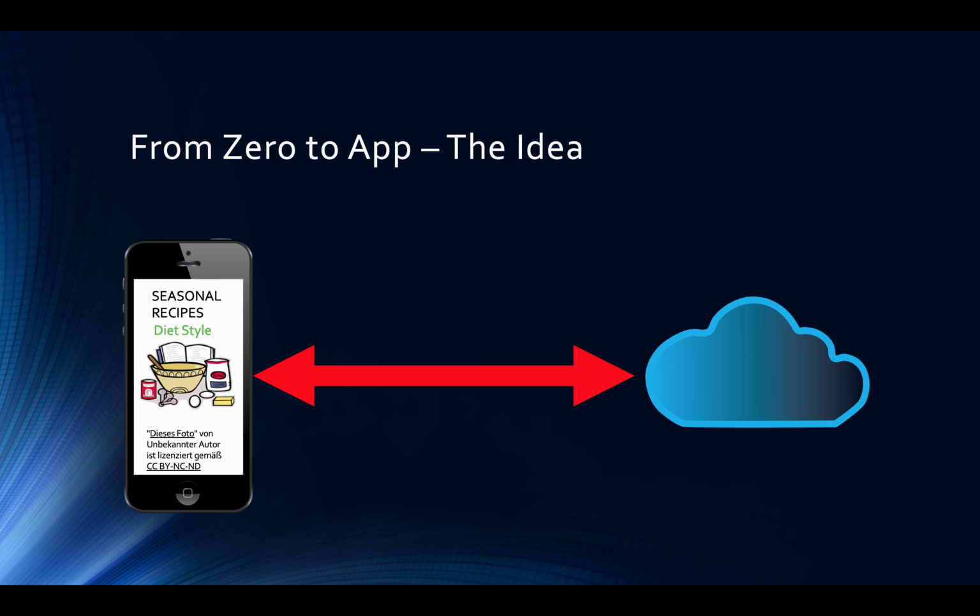The actual idea is to have an app, and this app is about recipes. Not just recipes. I had the idea to create an app that lets the user browse through some seasonal recipes. So in that part, I thought about Thanksgiving or Halloween.